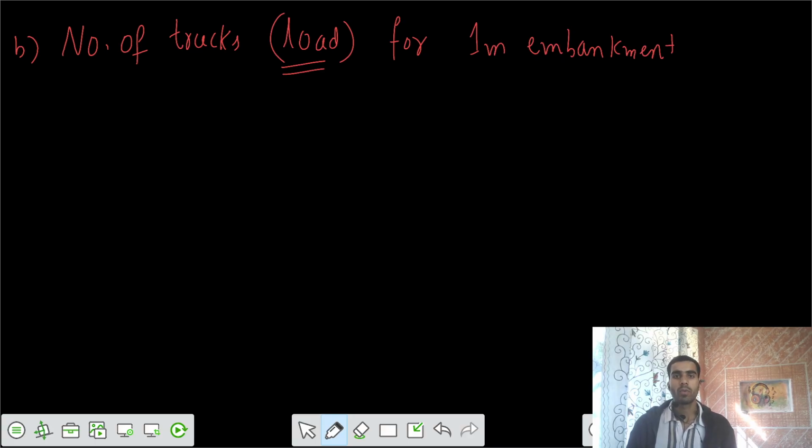So for that 1 meter embankment, how many trucks do we have to load, given that one truck capacity is given. So one truck can take how much soil?